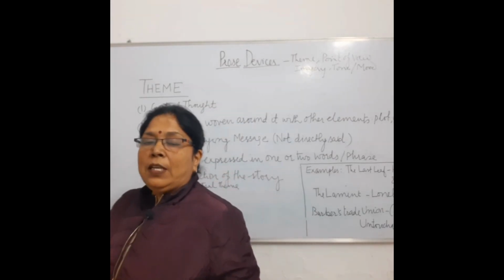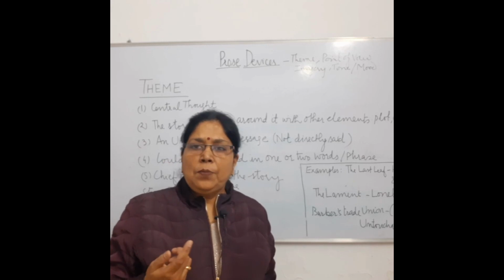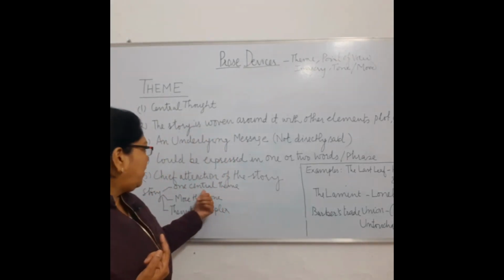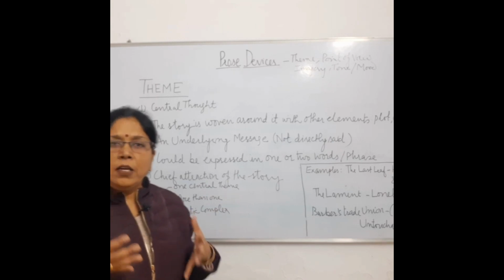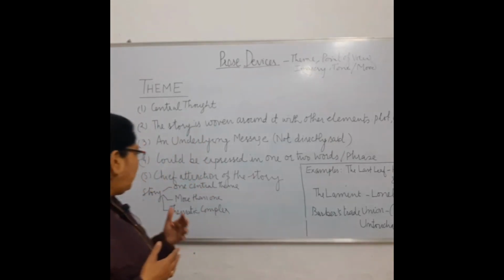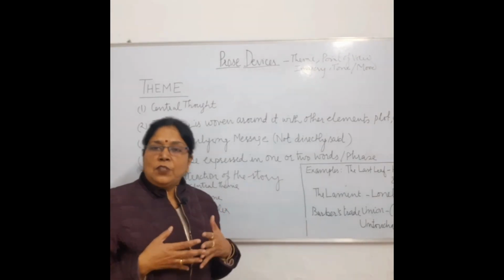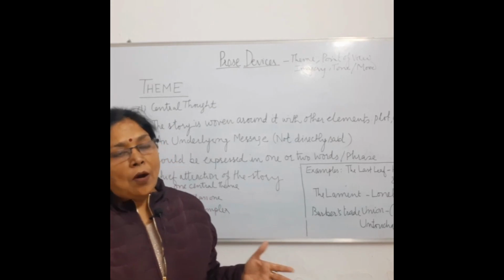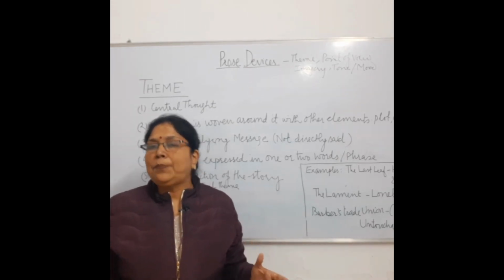Now the story, if it is a short story or a very short story, may have one central theme. Or if it is a long story, or if the story has a complicated or complex plot, then it may have more than one theme. But if the story is too long, like a novel, it would have multiple themes.